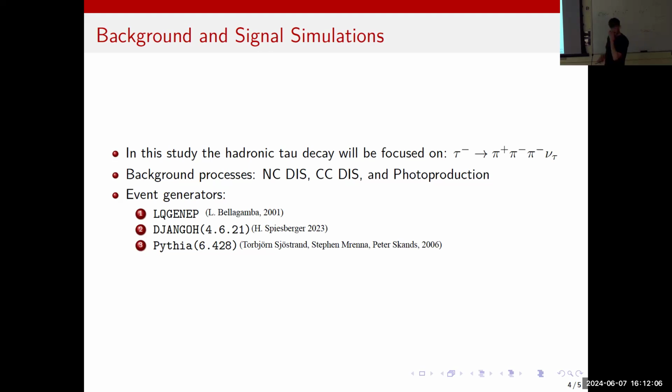For event generators, to produce the leptoquarks we used LQGenApp, and for Django we used the updated version from last year. Usually Django is used to produce neutral current and charged current deep inelastic scattering simulated events, while PYTHIA 6 is used for photoproduction.